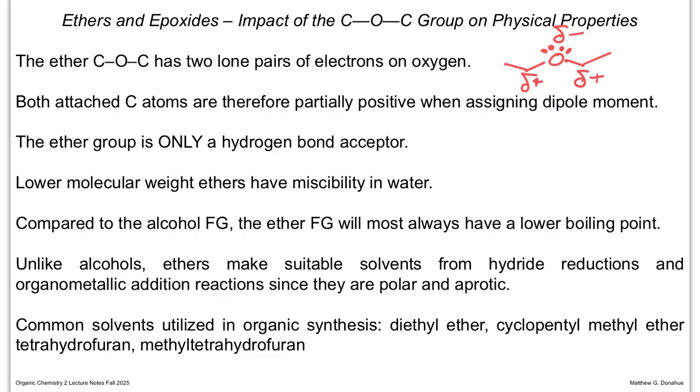So to a certain extent, if you had a beaker of ether and then a beaker of water, you're going to get some mixing or miscibility. As the length of these carbon side chains increases, that solubility or miscibility is going to decrease.